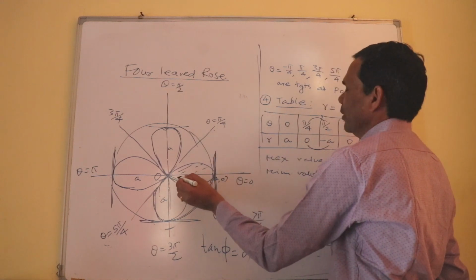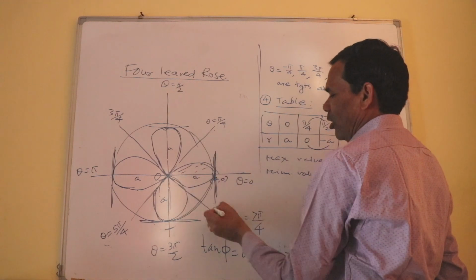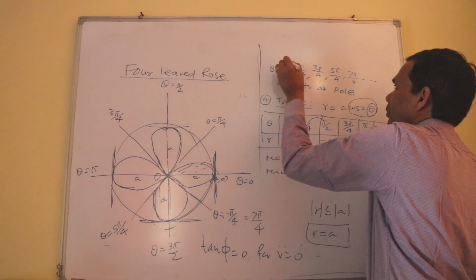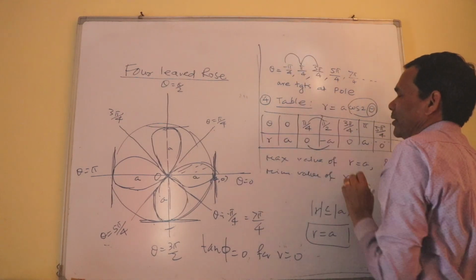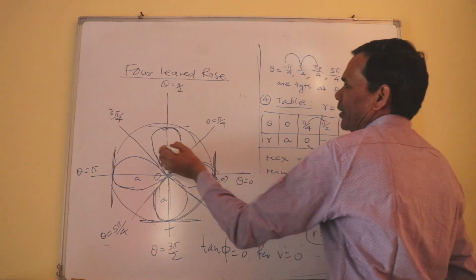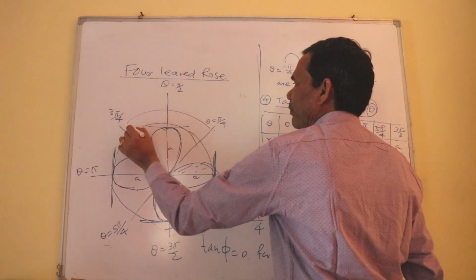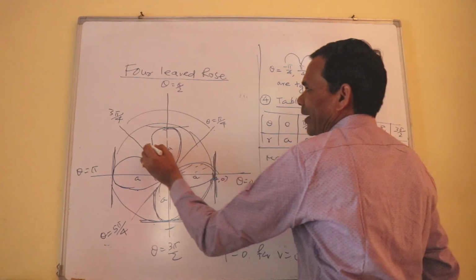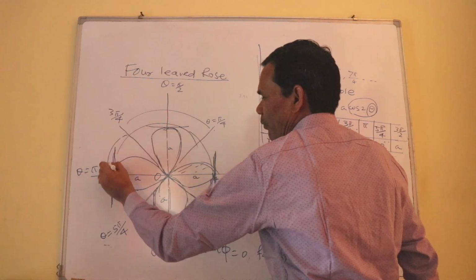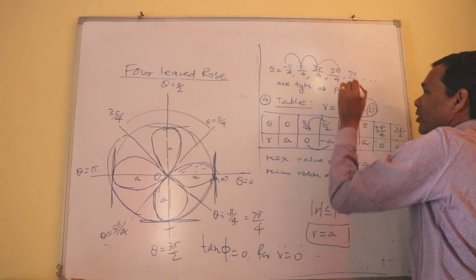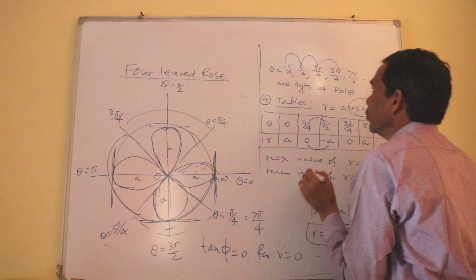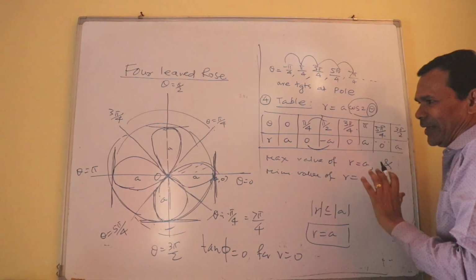Now if you observe here, we put loops in all divisions. There is one loop from pi by 4 to 3 pi by 4, the next loop from 3 pi by 4 to 5 pi by 4, and the next loop from 5 pi by 4 to 7 pi by 4. It is something like this you are getting.